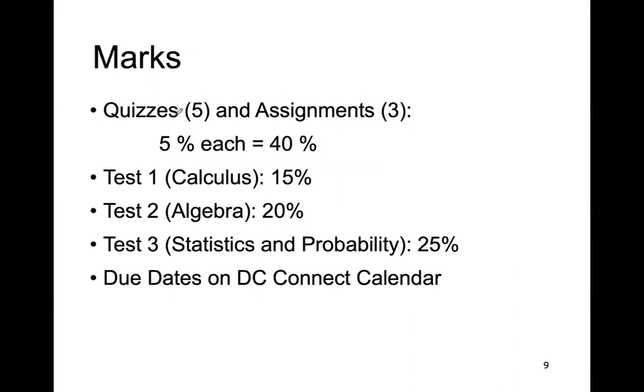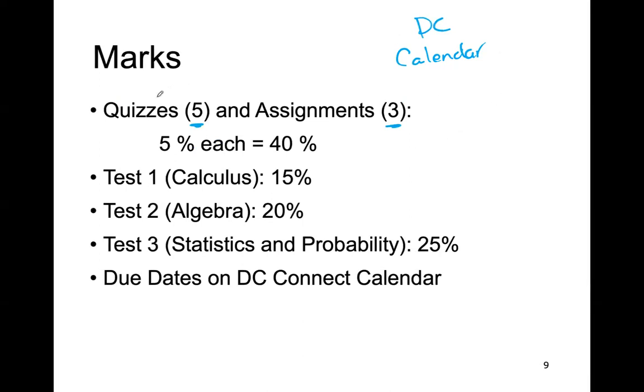So there's marks. How is the course broken down? There's 5 quizzes and 3 assignments, and you'll see this in the DC Connect calendar. In the calendar in DC Connect, I've already uploaded everything with all the due dates and when the quizzes are.